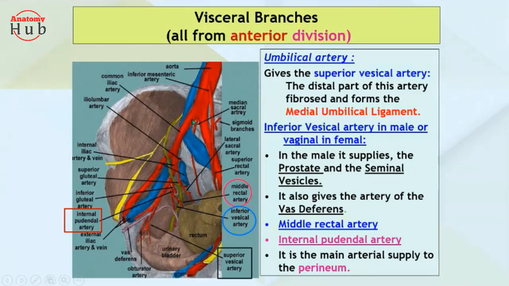Now here you will see this is your common iliac artery, and at the level of the SI joint it divides into two divisions, as an internal iliac artery and this is your external iliac artery. And this is which nerve, who can say? Femoral nerve.